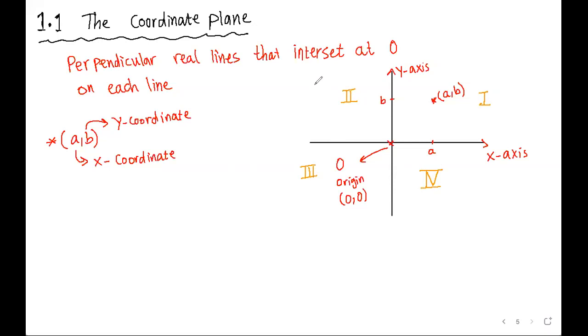What else? Second thing we have to know is the formula for the distance between any 2 points and the midpoint between any 2 points. So my midterm exam will be maybe next week or after, and more probably after next week.